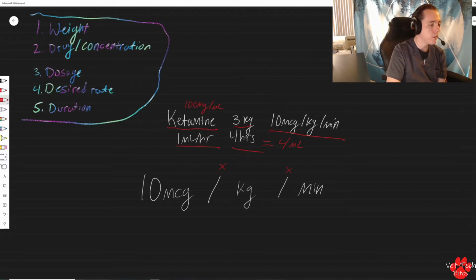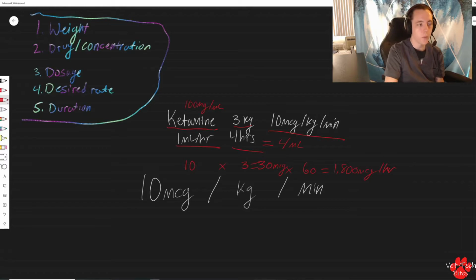So we have 10 micrograms times 3 kilograms times 60 minutes. 10 times 3 is 30, so that's 30 micrograms per minute times 60 minutes, which equals 1,800 micrograms per hour.